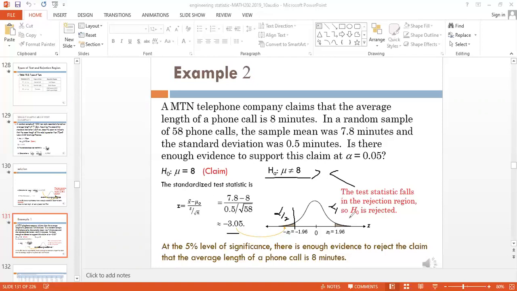So we are going to read Z alpha on 2. Alpha has been provided as 0.05, so divided by 2 will give you 0.025. So we are going to read Z with a probability of 0.025. Let's go to the statistical tables.